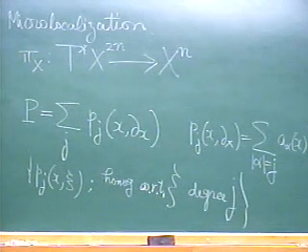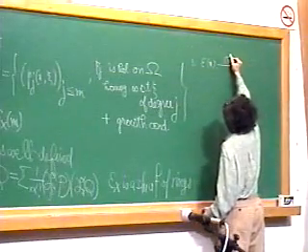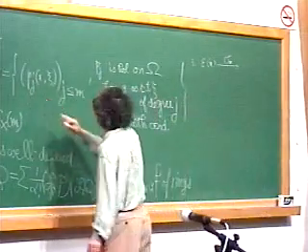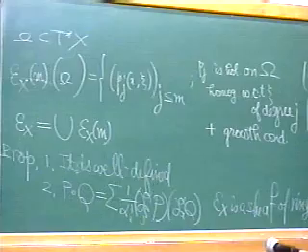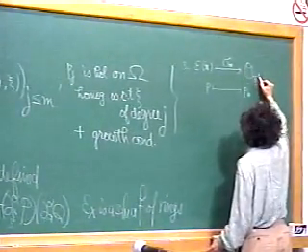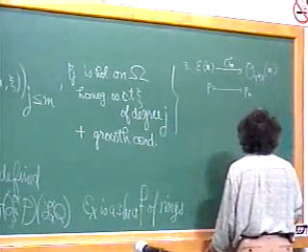And the third one is, if P goes to, say, sigma M, so we take the principal part, the Pm. So this is a homogeneous function of degree M with respect to xi.